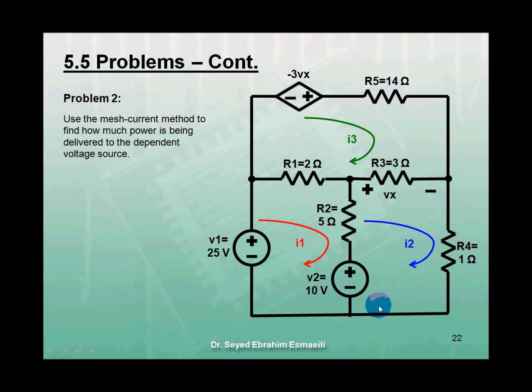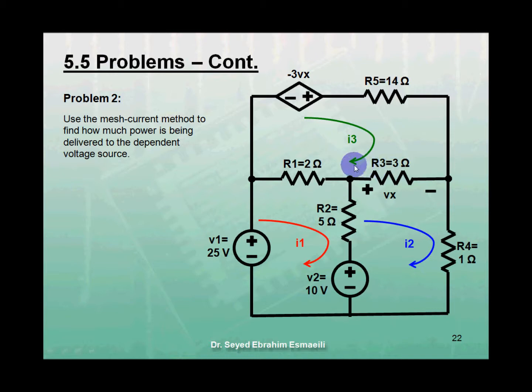For mesh 2 we have the following equation: minus V2 plus R2 times (I2 minus I1) plus R3 times (I2 minus I3) plus R4 times I2 equals 0. And for the third mesh we have R1 times (I3 minus I1) minus 3Vx plus R5 times I3 plus R3 times (I3 minus I2) equals 0.